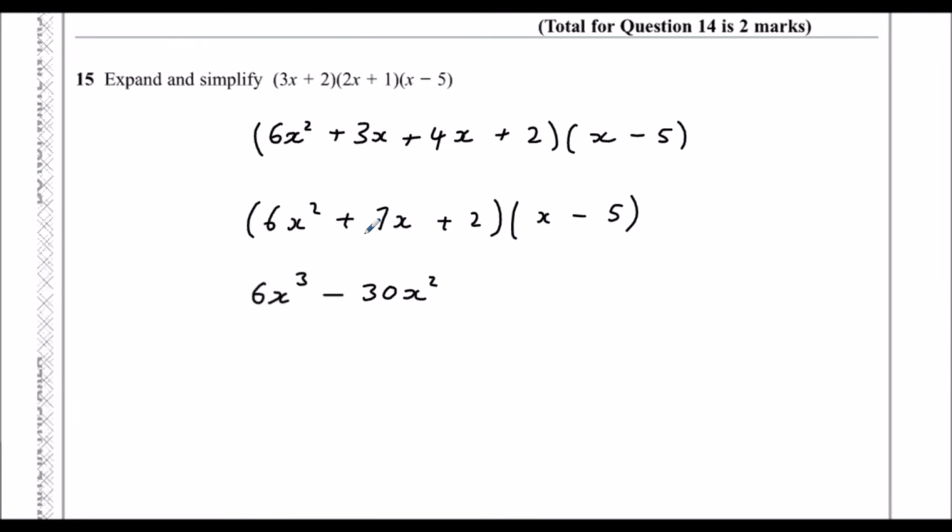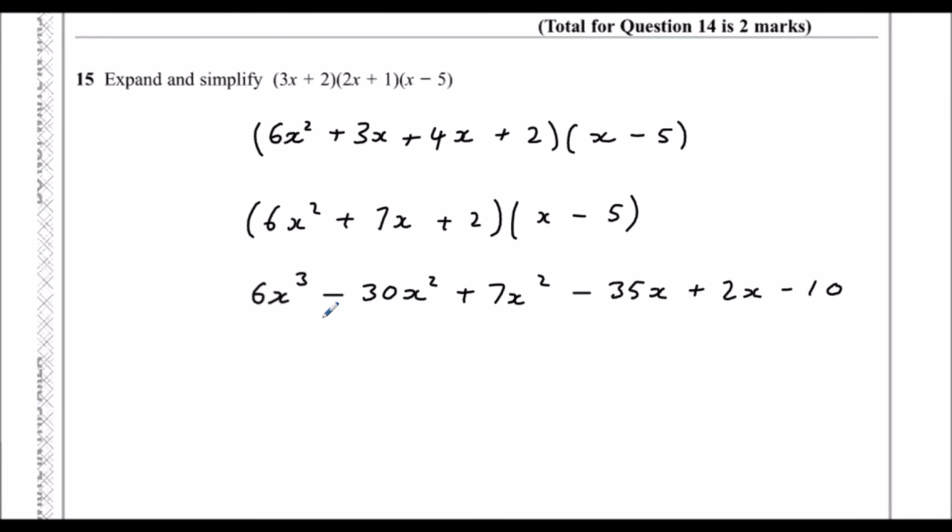And then the 7x by both of them. 7x times x is 7x squared. 7x times negative 5, again positive times negative is negative. 7 5s are 35. So it's minus 35x. And then the 2 times both of the terms in the last bracket. 2x's, that's 2x, and 2 times negative 5 is negative 10.